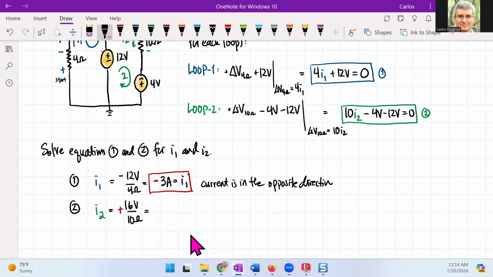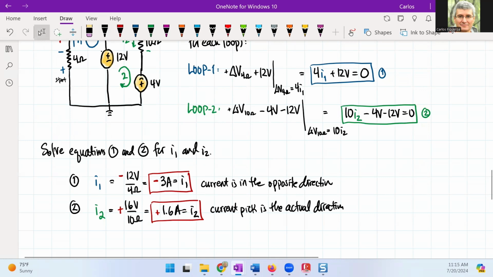So I'm going to get a value that reads 1.6 amps, and that's I2, and we have a positive sign. This tells us that the current we picked is the actual direction, so we don't have to change anything.